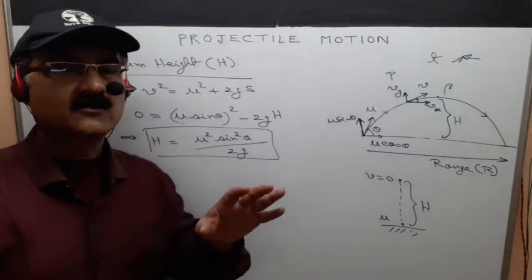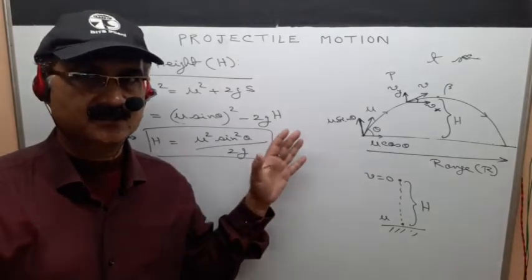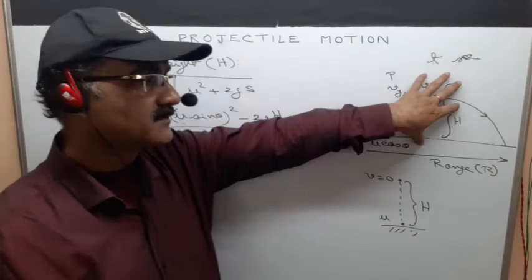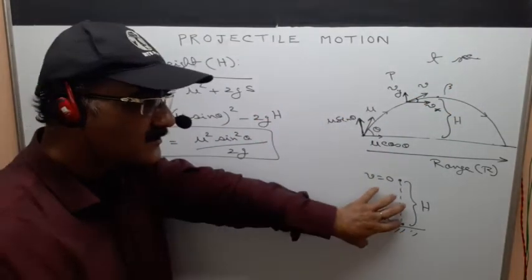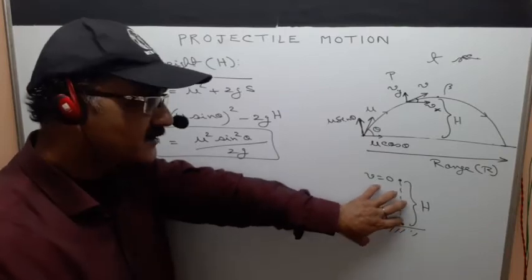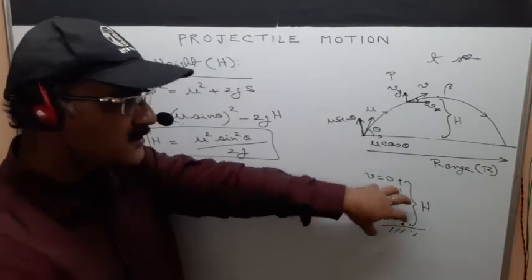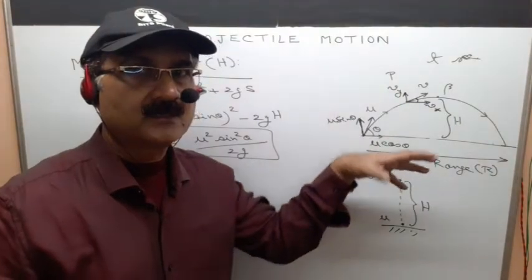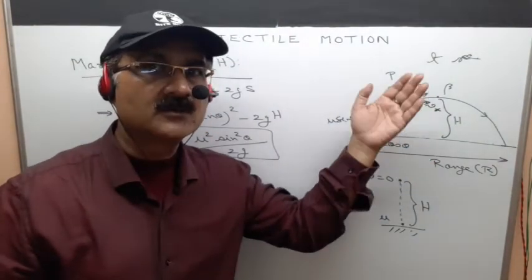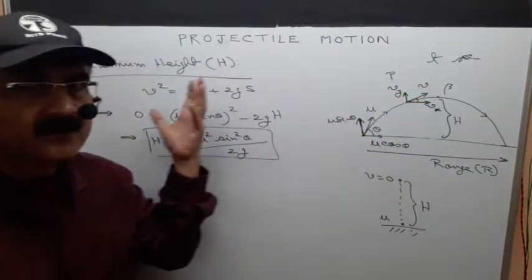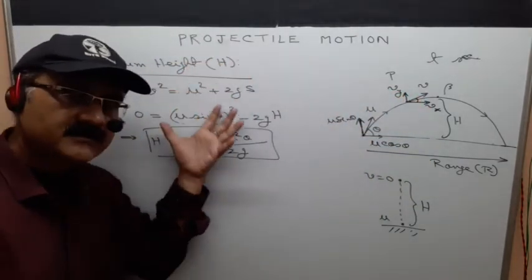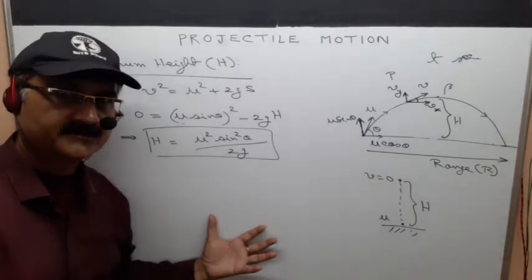Okay, this is the way actually to learn physics. When you learn a new concept, you should make use of your knowledge of simpler concepts. And from here, you should learn what is to be modified, what new concept has come here. Just add that modification, you will get the formulas for the new situation.